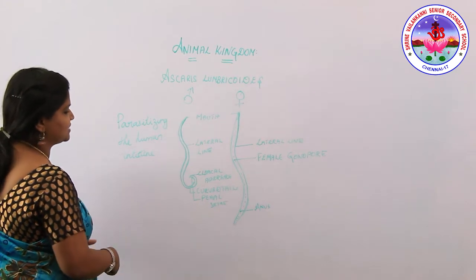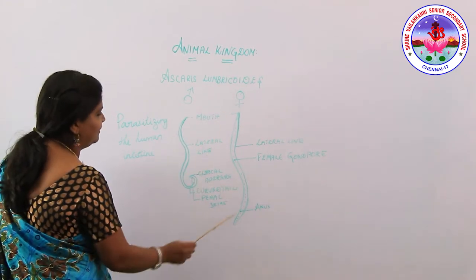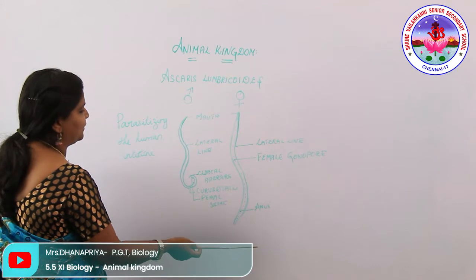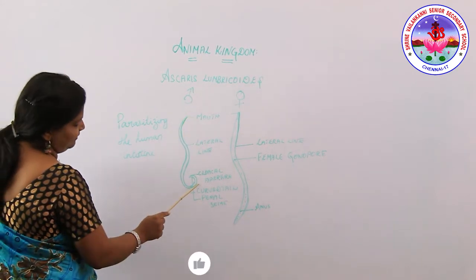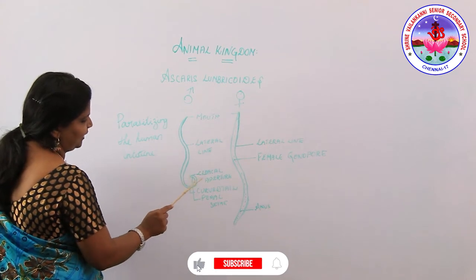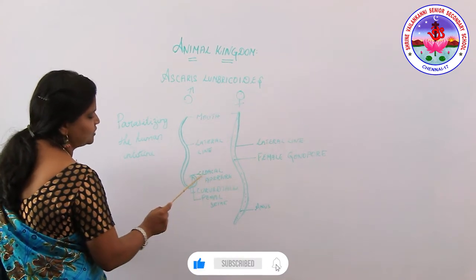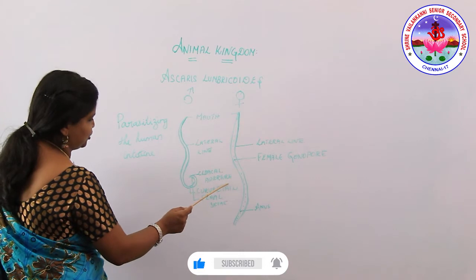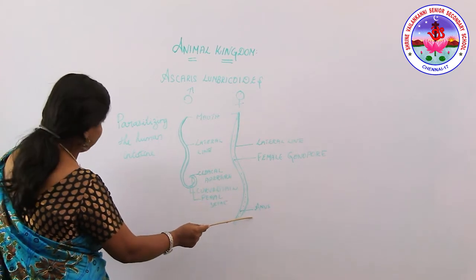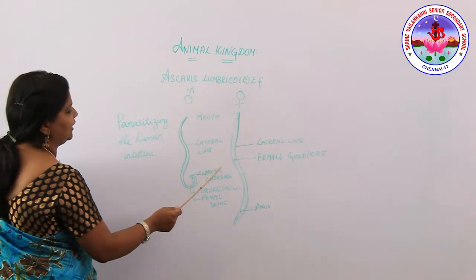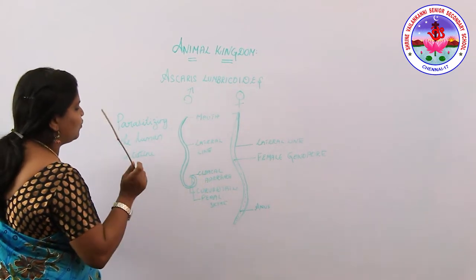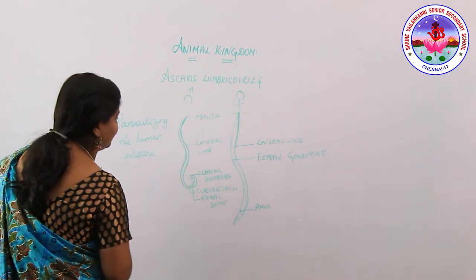The next difference is the outer opening: in the female, the excretory opening is called the anus, but in the male, the anus is replaced by the cloacal aperture. So what is special about the cloacal aperture?